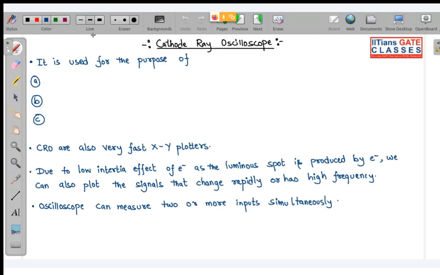We can plot various signals. Another? Measurement of voltage, frequency. Okay, very good. So it can display different signals, like mainly sinusoidal.